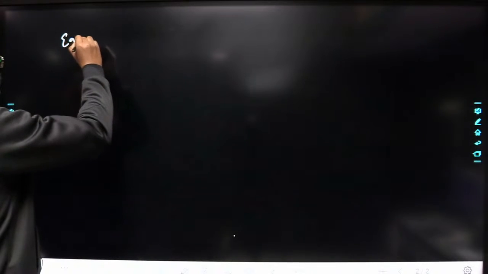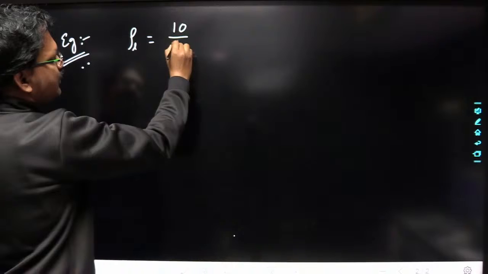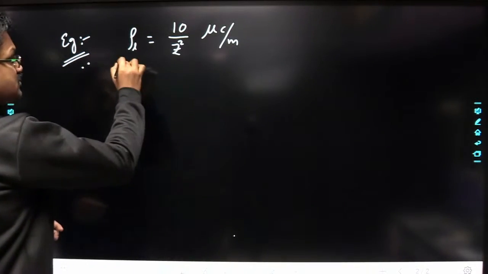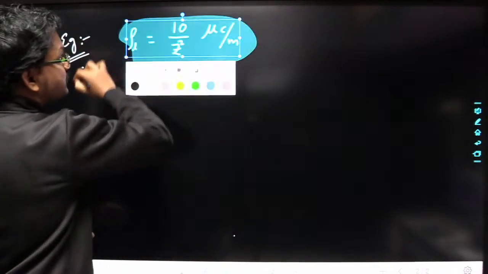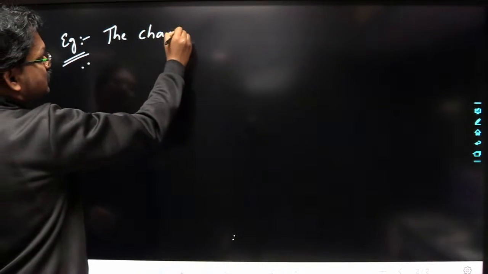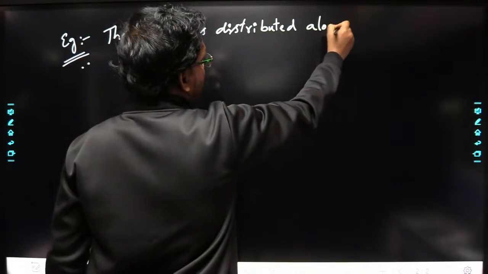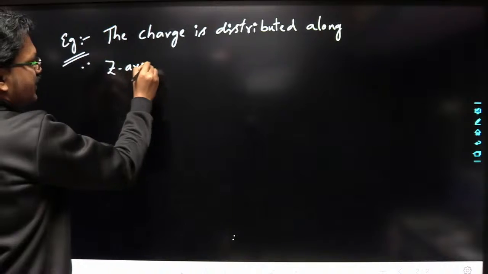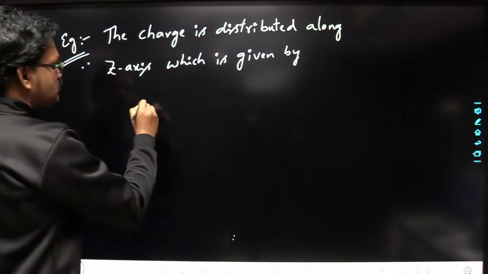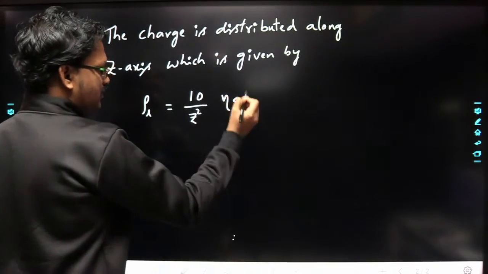Next example here. Now let us consider rho L is equal to 10 by z square nanocoulomb per meter.